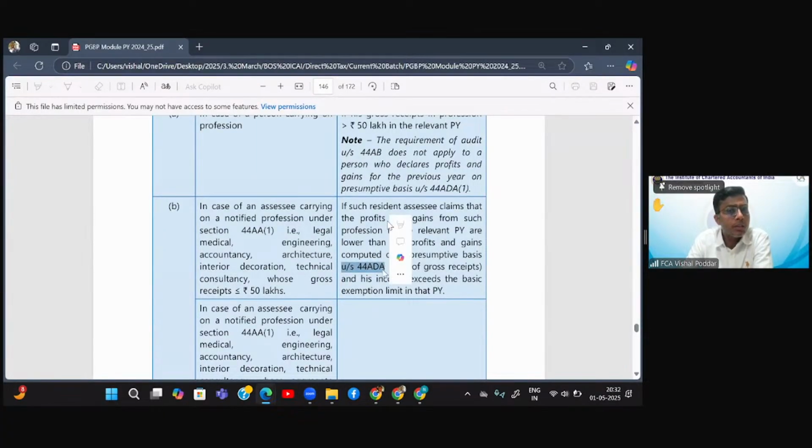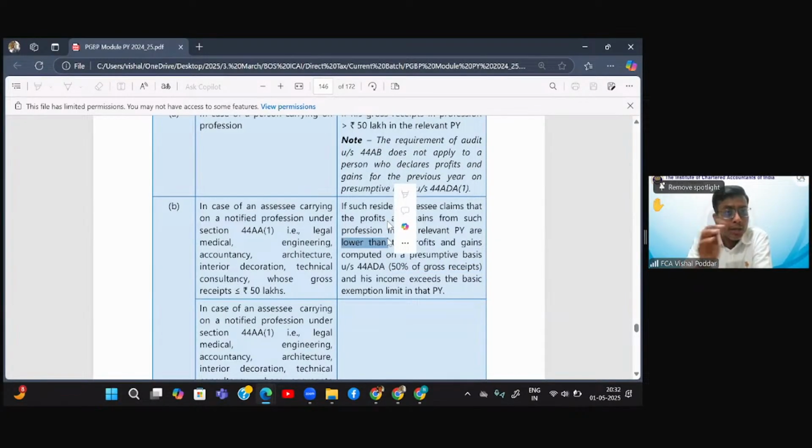Where you are fitting in this presumptive income section, that is, you are not crossing 50 lakhs, over there you are supposed to take net profit of 50% of your receipts. Where you are showing that your income is less than this 50%, you are covered in that presumptive.